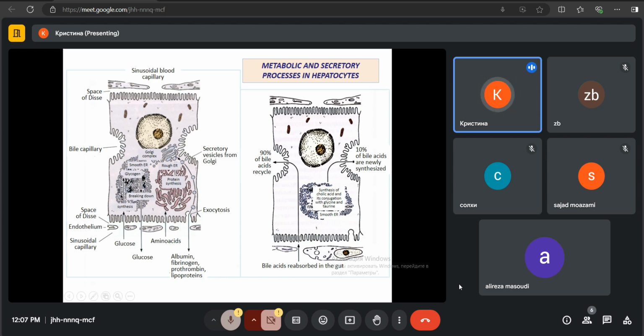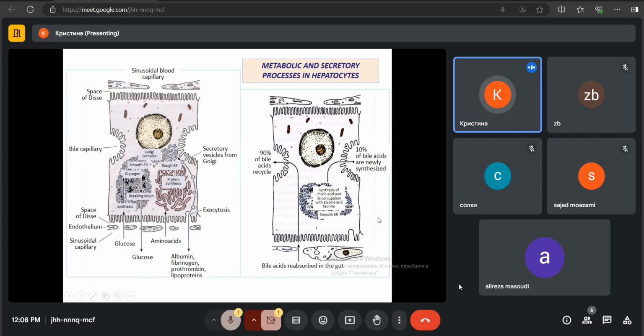Among the most important are the proteins of the blood plasma, such as albumin, fibrinogen, prothrombin, and lipoproteins. So these proteins of blood plasma are produced in rough endoplasmic reticulum in hepatocytes and released via exocytosis.